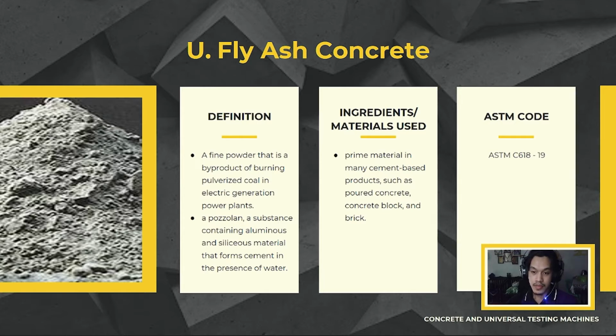At ang mga ingredients at materials na ginamit sa kanya ay prime material in many cement-based products such as poured concrete, concrete block, and brick. At ang kanyang ASTM code ay ASTM C618 to 19.